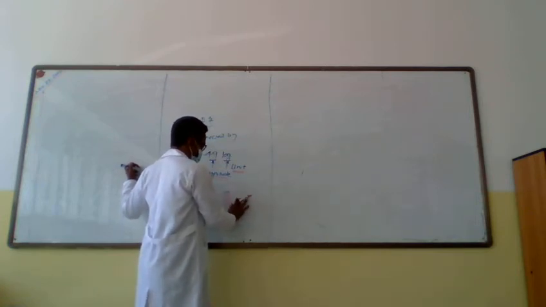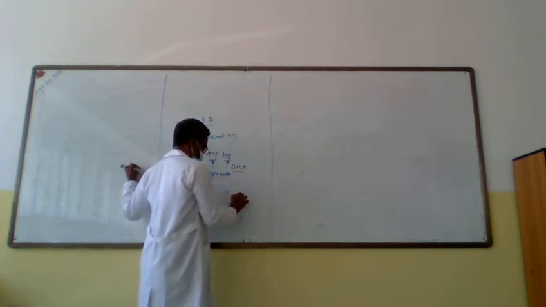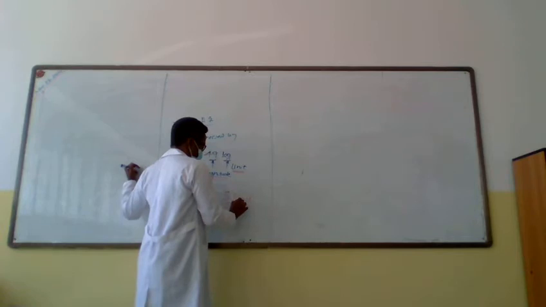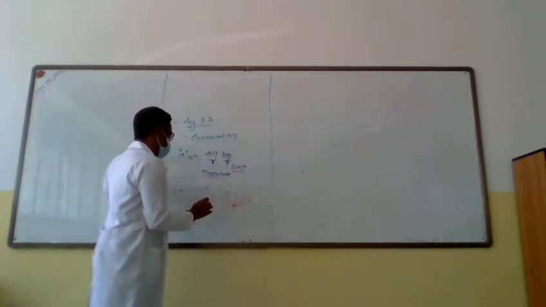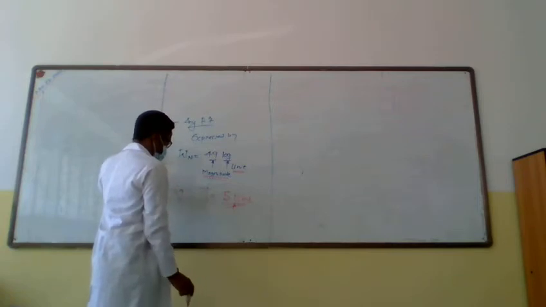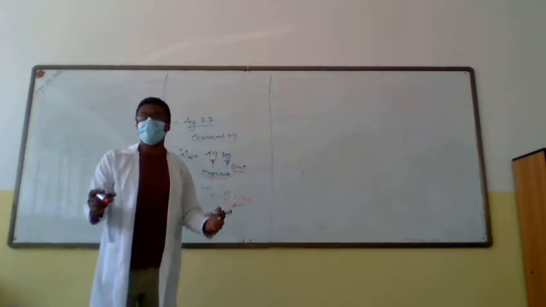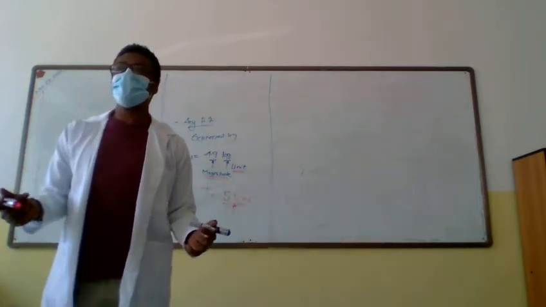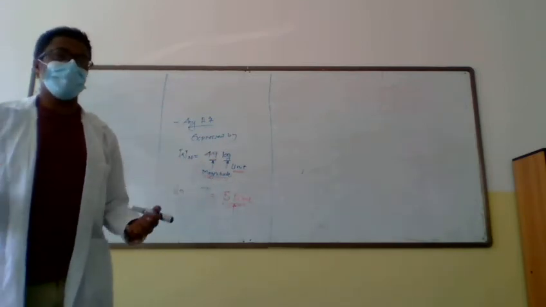Let's say it is 5 o'clock. So 5 is the magnitude. Magnitude is simply the numerical value, and we attach a unit to the measurement.